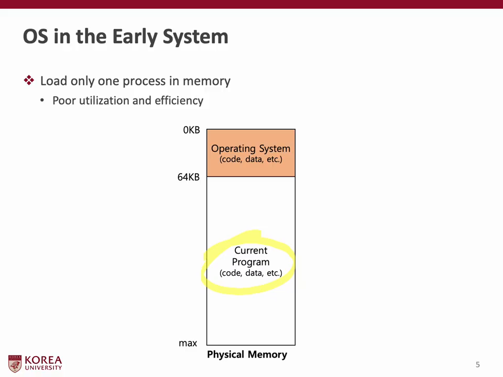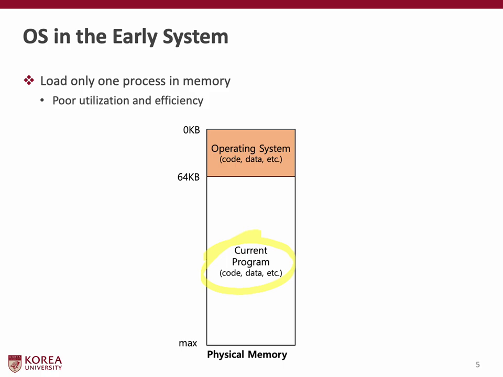There are two reasons for this. First, most user applications cannot fully utilize the entire physical memory because the size of physical memory is too large for one running process. The second reason is that it is difficult for one process to fully utilize the CPU resources.